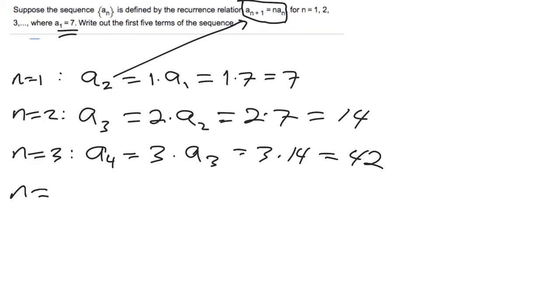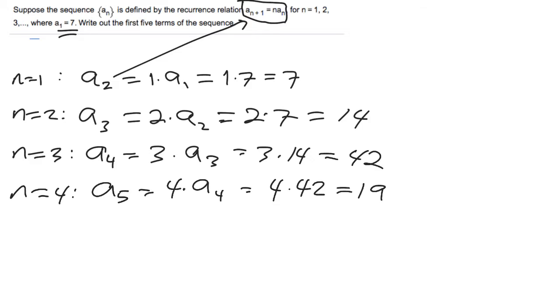And then finally, when n is 4, this will say a sub 5 is 4 times a sub 4, which is 4 times 42, which is 192. No, it's not. 42, 84, 168.